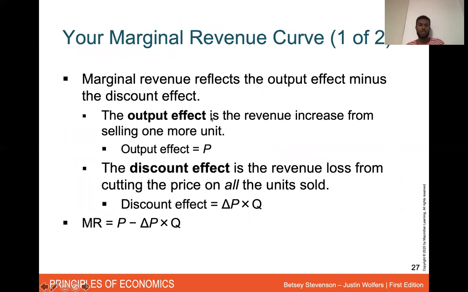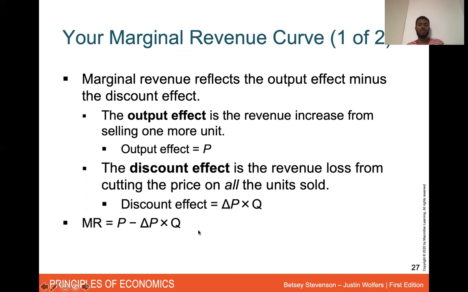Your marginal revenue curve. The marginal revenue reflects the output effect minus the discount effect. The output effect is the revenue increase from selling one more unit. Output effect equals price. The discount effect is the revenue loss from cutting the price on all the units. So the discount effect is the change in price times quantity. And then marginal revenue is price minus the change in price times quantity.